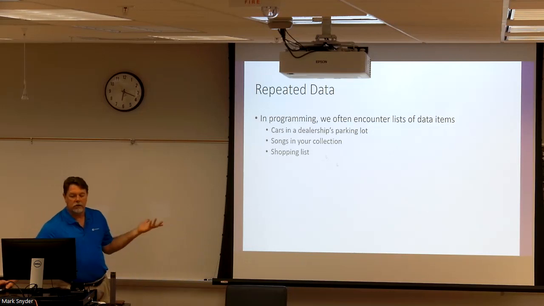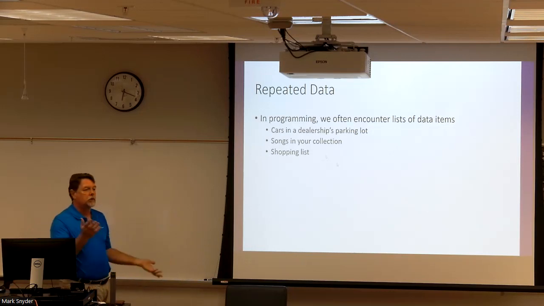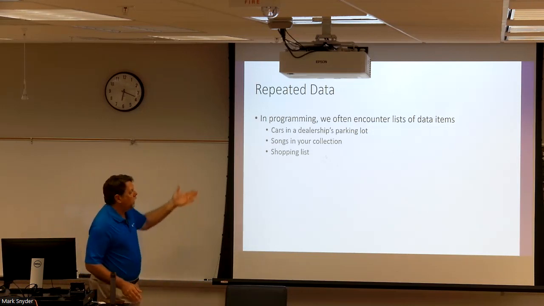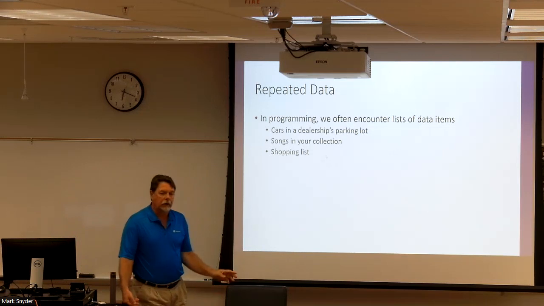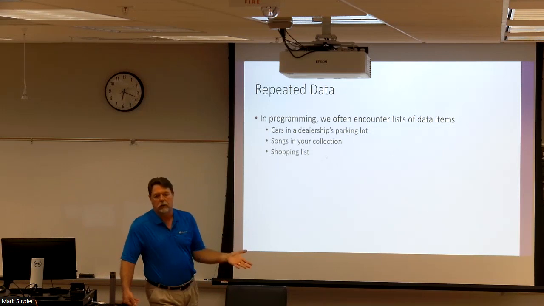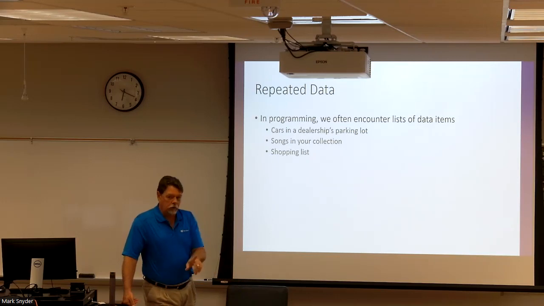I guess one of the questions I would ask is, how homogeneous or non-homogeneous are these sets of data? If we think about cars in a parking lot, if I have a list of cars in the parking lot, is that homogeneous data or non-homogeneous, or heterogeneous? Yeah, again, that's different values, right?